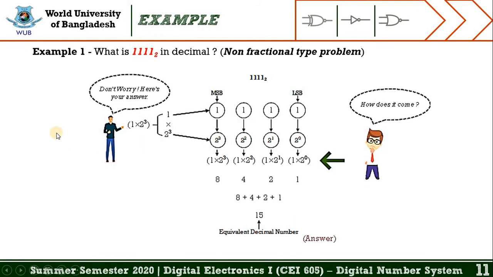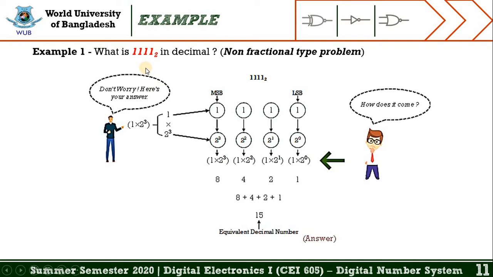From this slide we may learn another example of binary to decimal conversion. If you see the question, you can notice that the example is a non-fractional type problem. I hope you don't have any problem, because you already did one example on the previous slide.